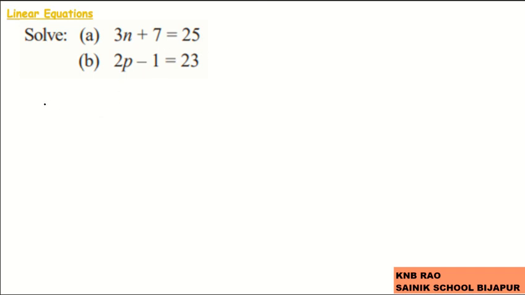I would like to solve this equation 3n plus 7 equals 25. Here, when we are balancing this equation, we are allowed to either add or subtract the same number on both the sides.